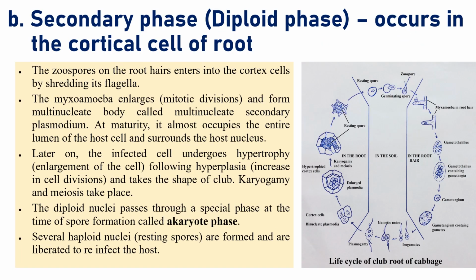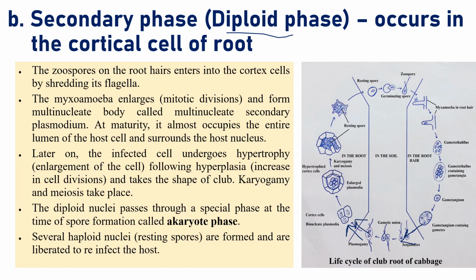When it comes to the secondary phase or diplophase, the name itself indicates the diploid phase. The released zoospores then start to infect the cortex region. Through the root hair, the zoospores enter into the cortex region. Again, here also it sheds the flagella and enters the cortex region.